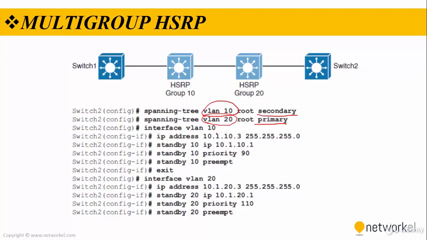Then I'm getting under the interface VLAN, for example, interface VLAN 10, I'm attaching a lower priority for VLAN 10 and higher priority for VLAN 20, which means this is gonna be active for VLAN 20 and this is gonna be in standby mode for VLAN 10.